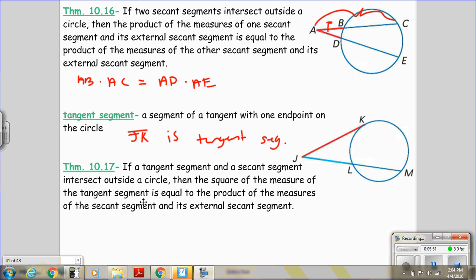So using the same picture, the square of JK's measurement is equal to the product of the secant segment, which is JM, sorry, times JL. So part times whole.